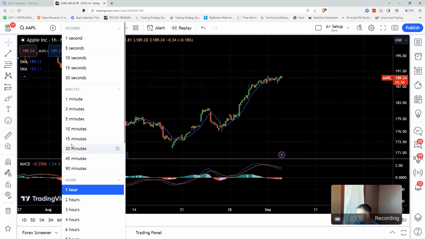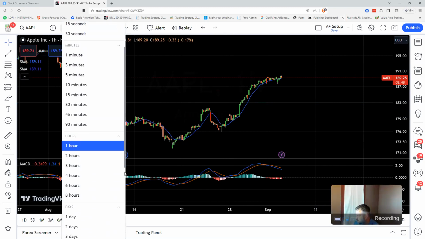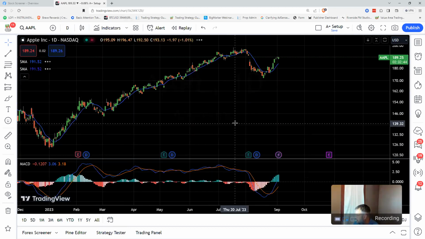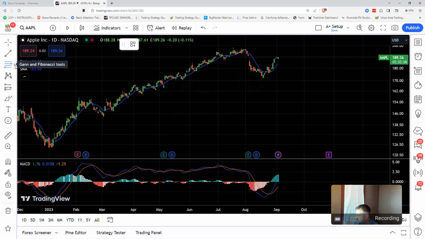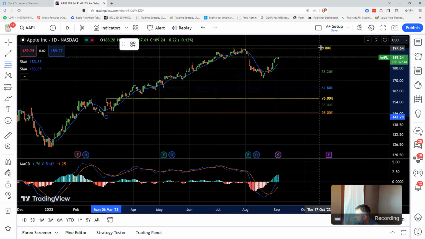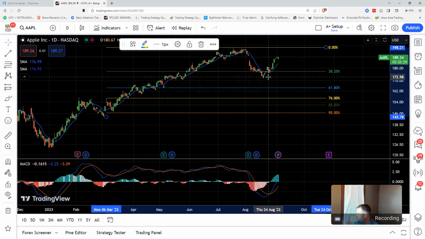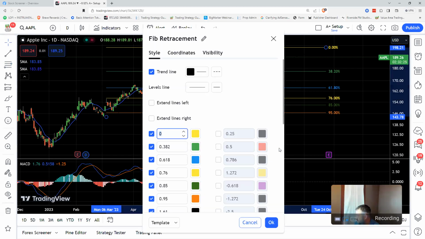But let's take a look here. Apple. Let's go to a daily time frame. All right. So Apple, we got a nice move here. Let's draw a fib. We're going to draw this big move from top to bottom, and you can see it went right around the 30. And if I drew the 50 in, let me see, I can actually add that in.